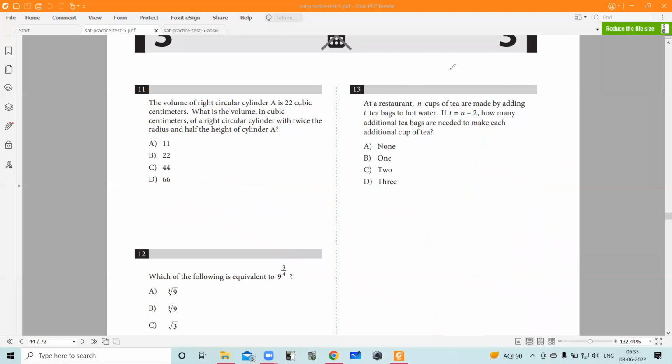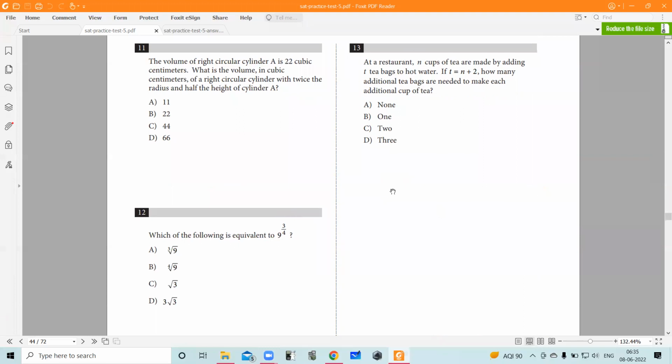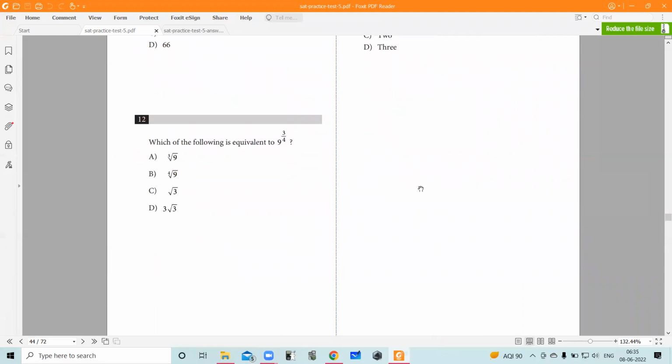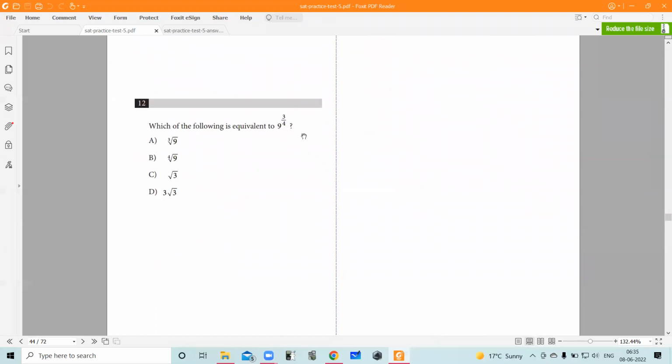So next one. The one that I had starred was number 12. Okay. So they are telling you it's just a representation. Since you know that the square root of 2 means 2 raised to the 1/2, am I right?